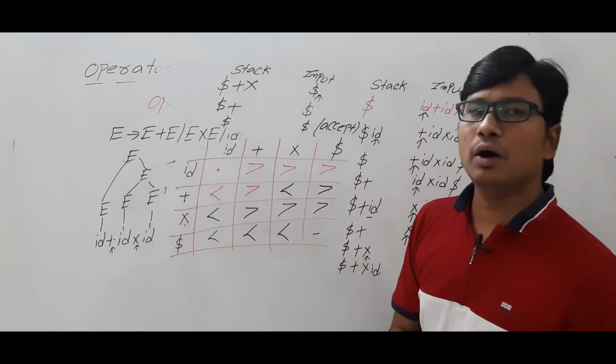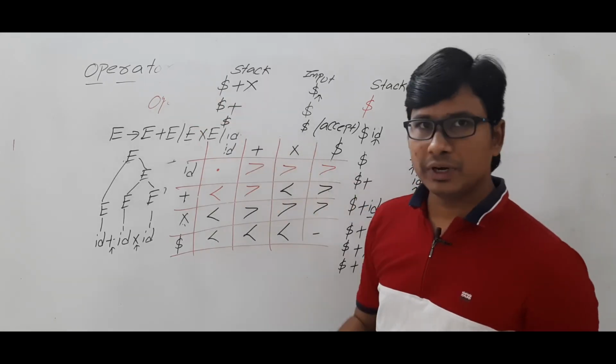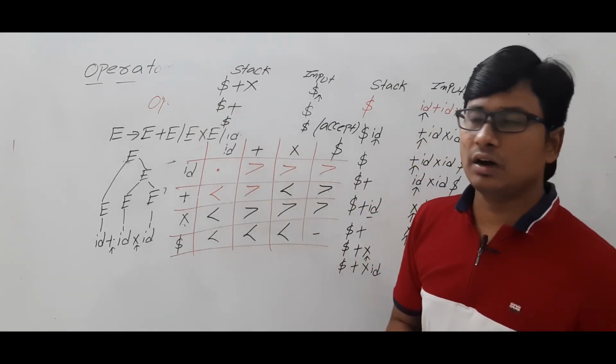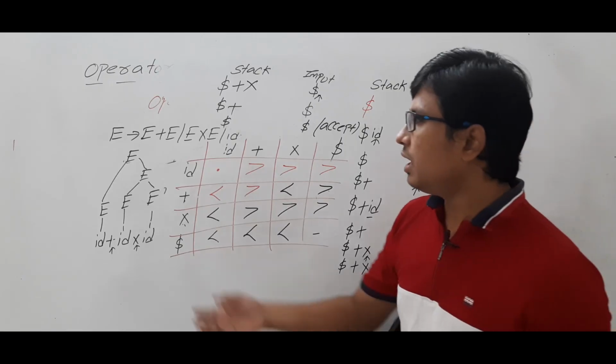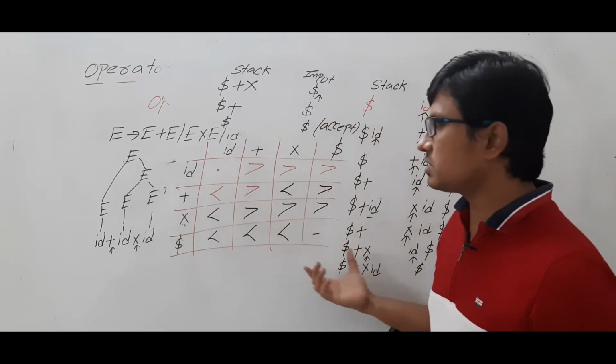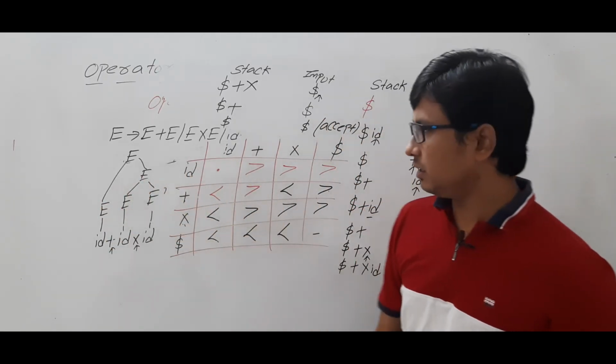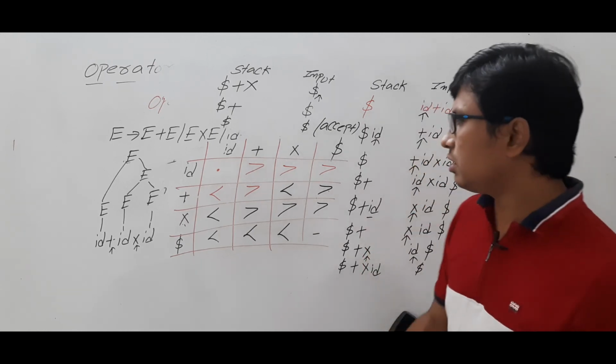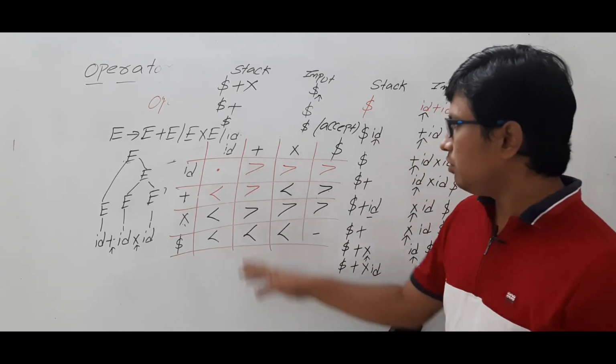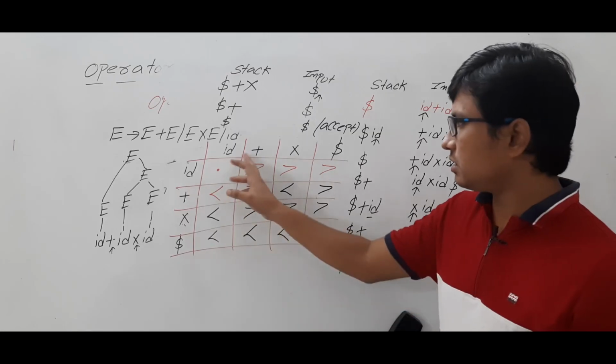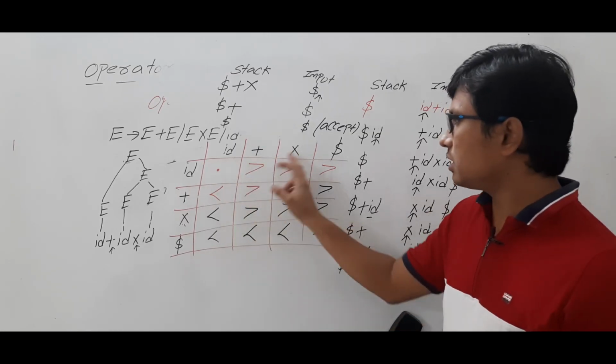I hope you have understood what an operator grammar is, what the operator relation table is, how I parsed this string, and how I got the parse tree. But there is one problem with the operator relation table. If you look at it, how many entries are there? 4 entries here, and 4 entries on this side.